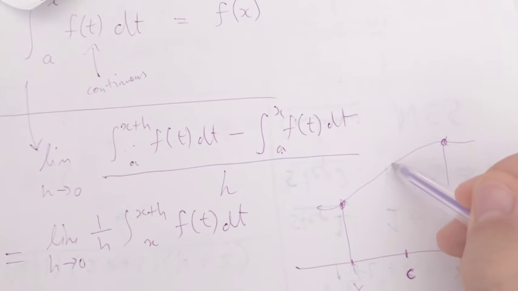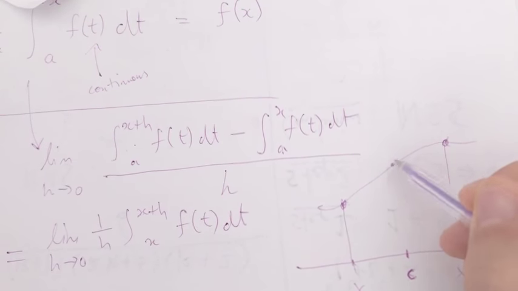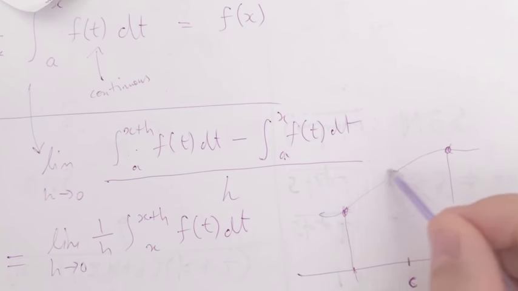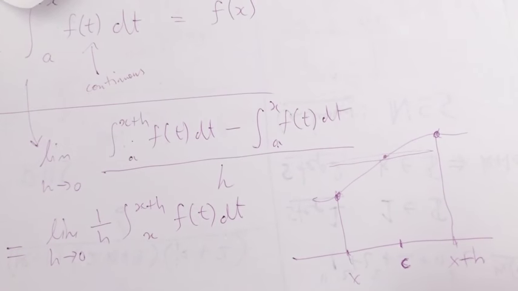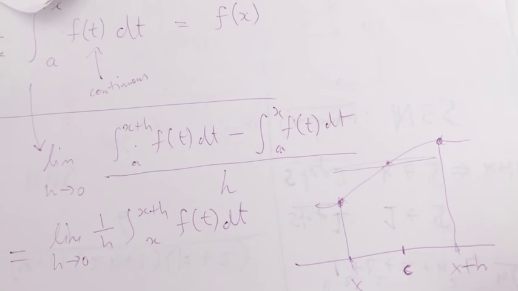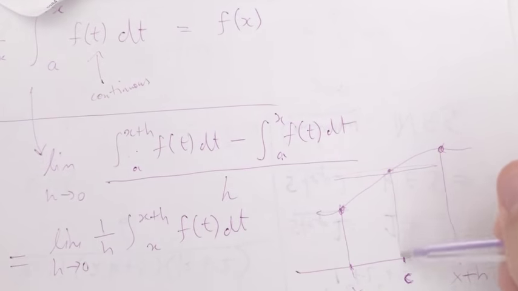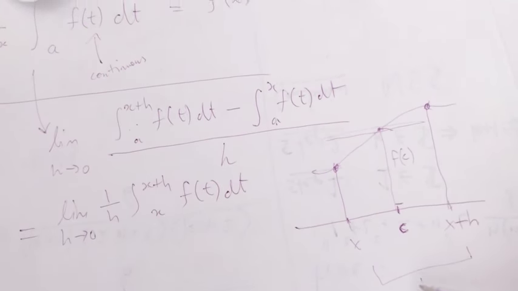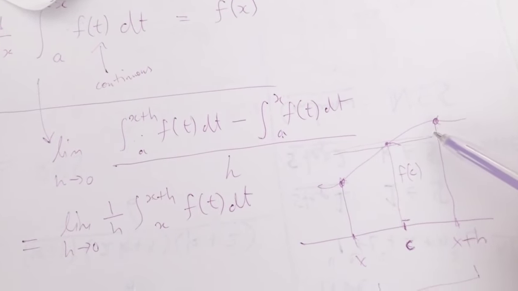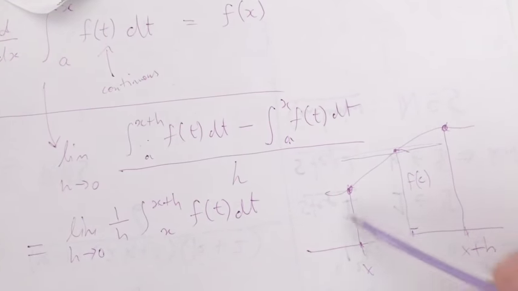the function value at c times the width of this rectangle, which is h, is equal to the whole area.